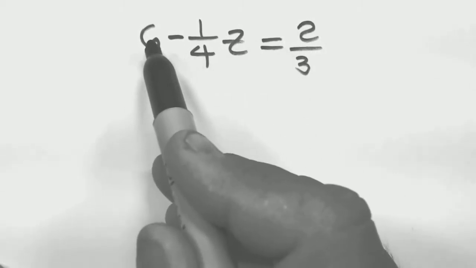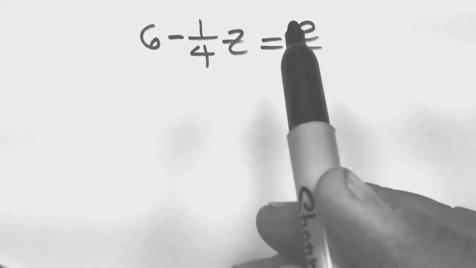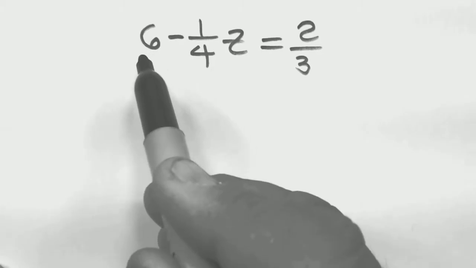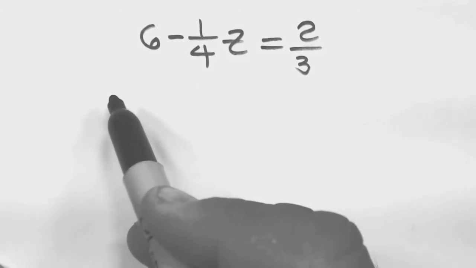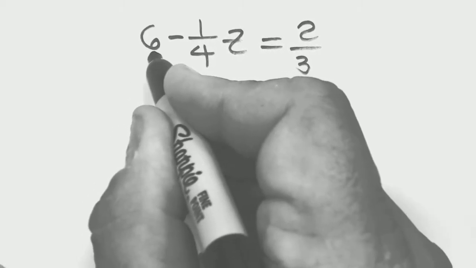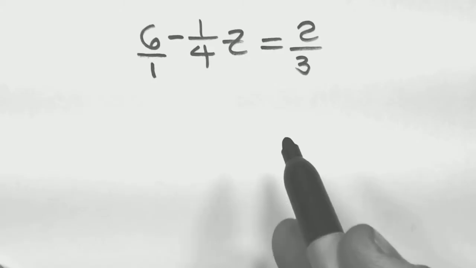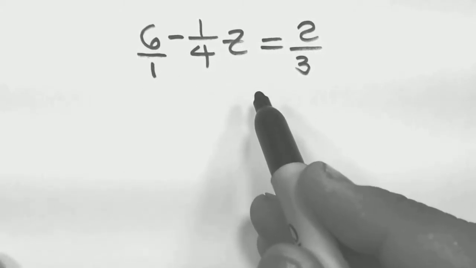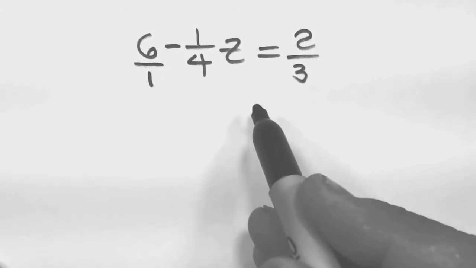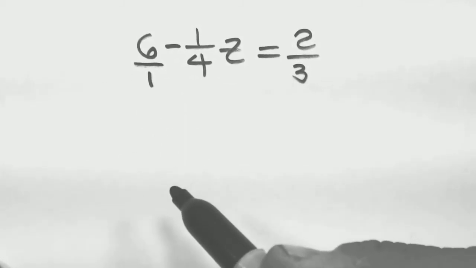The balance scale has to be maintained, so if you start multiplying through, you've got to hit each and every term on both sides to maintain that balance. So here's something I suggest. If there's any term that doesn't have a fraction, make a fraction by putting a 1 underneath it. Now it looks like it's got a fraction, and hopefully, that'll direct you to go ahead and multiply through all the terms, including the 6.